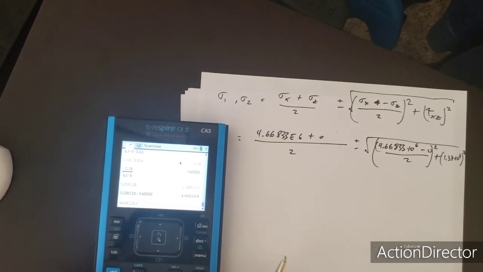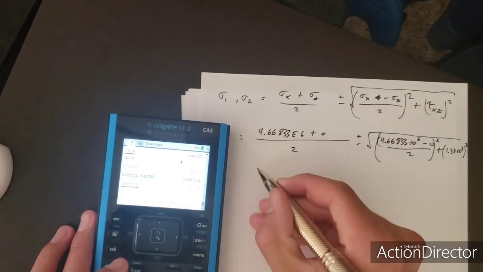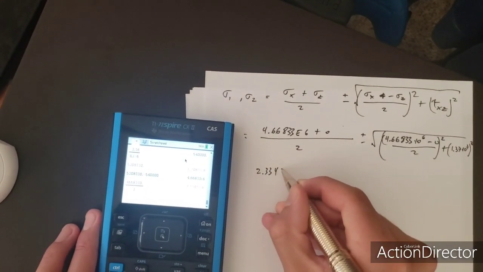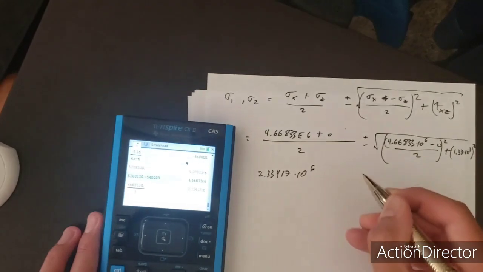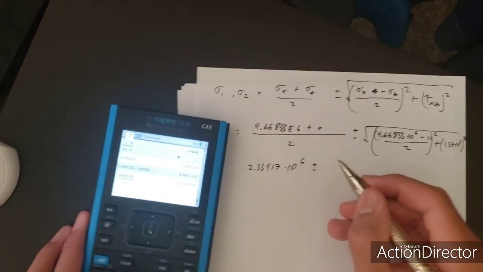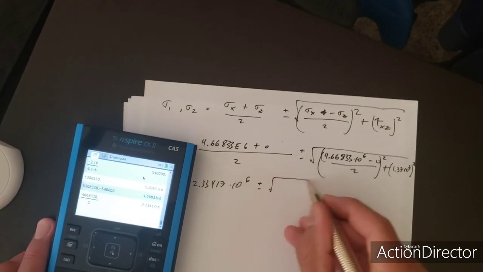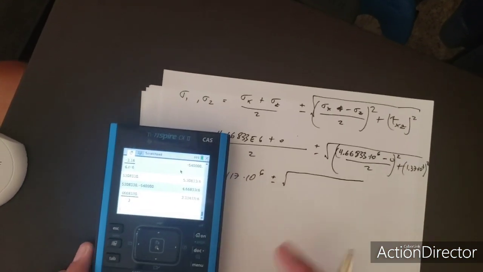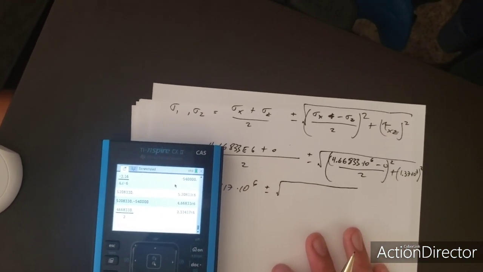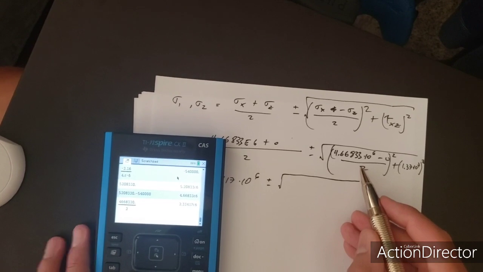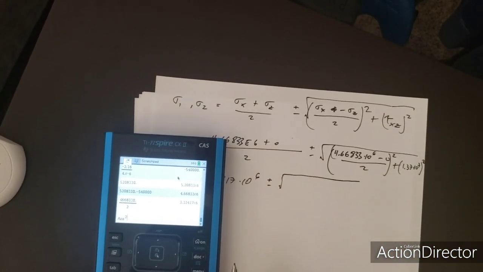Divided by 2. 2.33417 times 10 to the 6 plus or minus, and then you got that result. Then you square it.